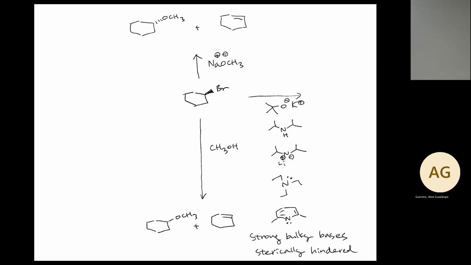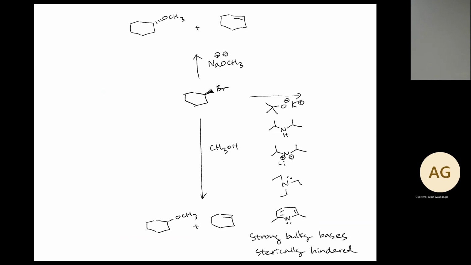And the conjugate base form of that, lithium diisopropylamide, is a classic example of a strong base, not a good nucleophile. And then triethylamine, with three ethyl groups on the nitrogen, is also bulky, and lutidine, a dimethylpyridine, turns out to be very bulky but not a strong nucleophile.